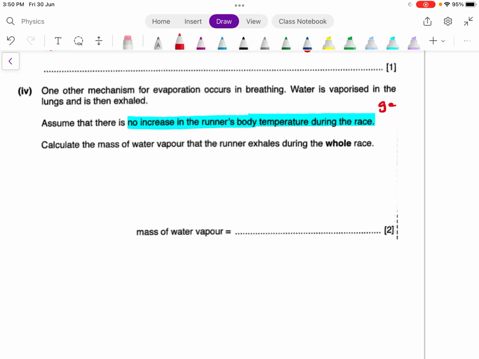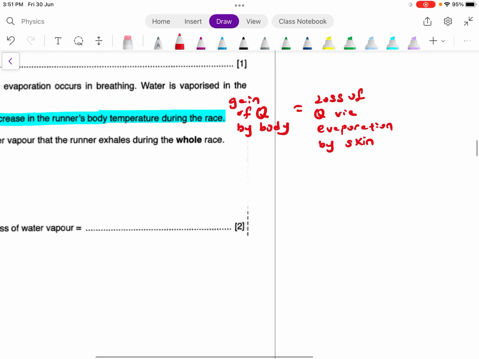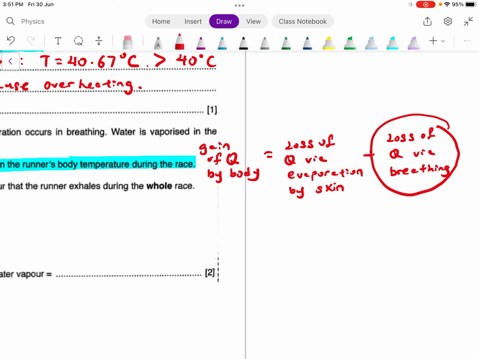So the gain of heat by the body is equal to the loss of heat via evaporation by skin plus the loss of heat via breathing.